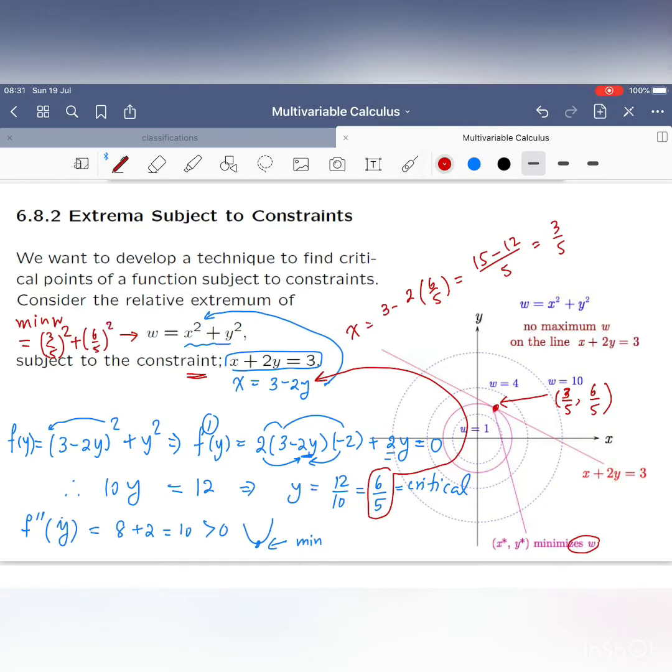So it is like 9 plus 36, and then over 25, whatever it is, you figure it out. That will be your minimal w, subject to, don't forget, this constraint. Are we all right?